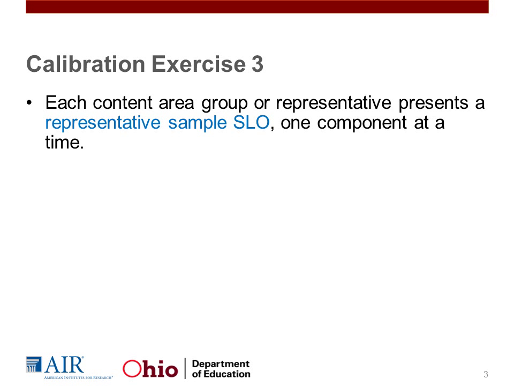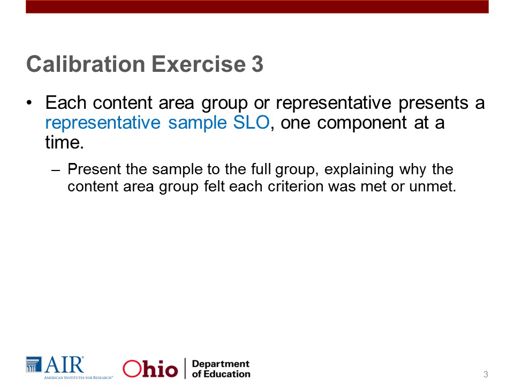For this exercise, each representative or content area group should have a way to present their sample SLO to the group. In person, this may be a projector or electronic whiteboard, or screen sharing capability if conducted over webinar.